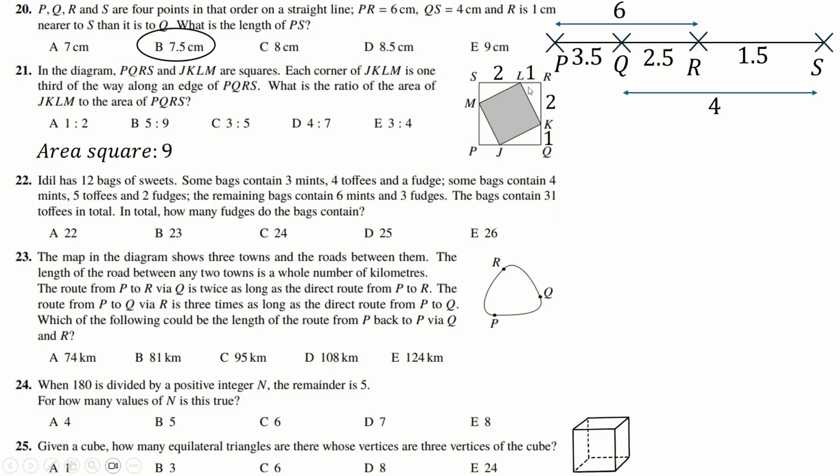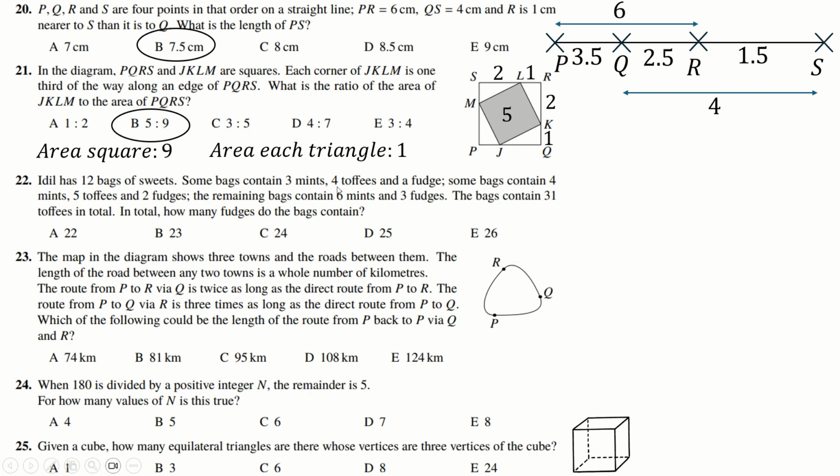And the area of each white triangle is a half times 2 times 1, which is 1. There are 4 of those, that makes area 4. Do 9, take away the 4 for the white triangles, is area 5. So this square is definitely area 5, which means the ratio of the area of the little square, the grey square, to the big square is 5 to 9, because those are just the areas that I have.